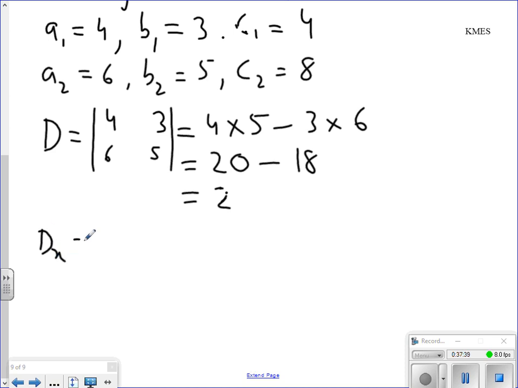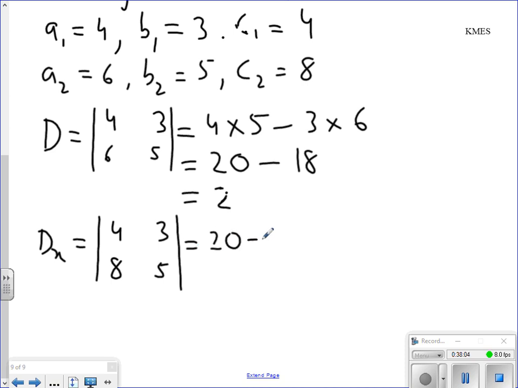Let us find dx. So dx is given by, instead of a1, a2, we'll replace it by c1, c2. So 4, 6 in d will change to 4 and 8. b1, b2 will remain same. Again, find the value of this determinant.